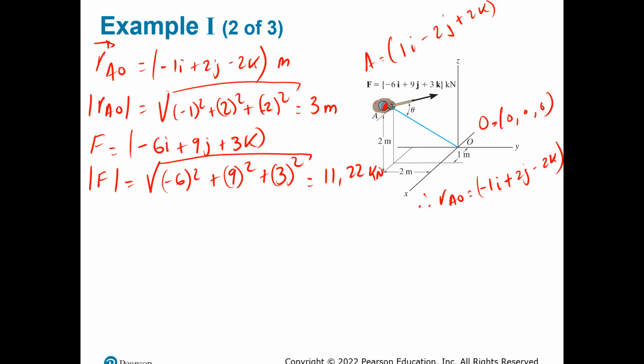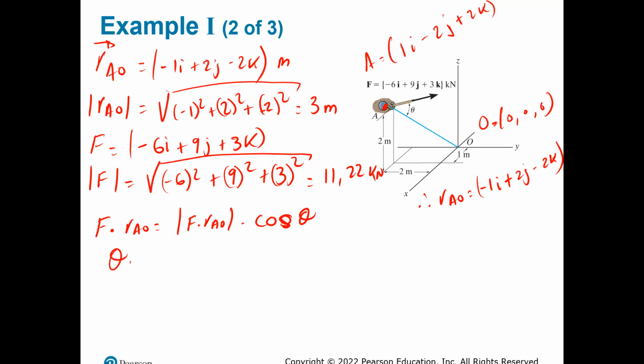So if we apply the dot product, we know that F dot r_AO will be equal to the magnitude of F times the magnitude of r_AO times cosine of theta.